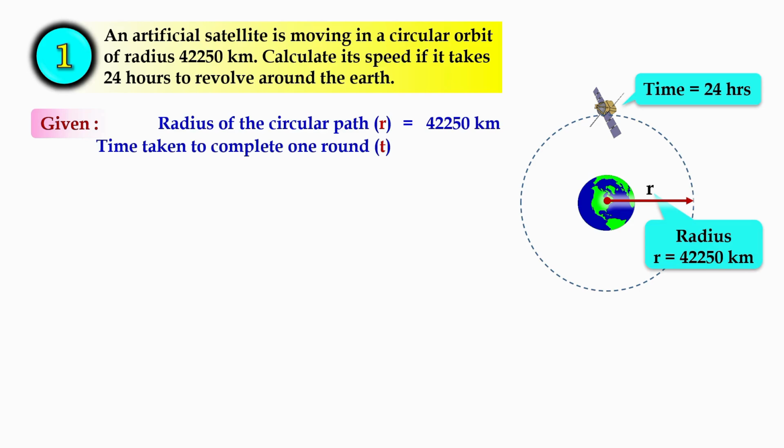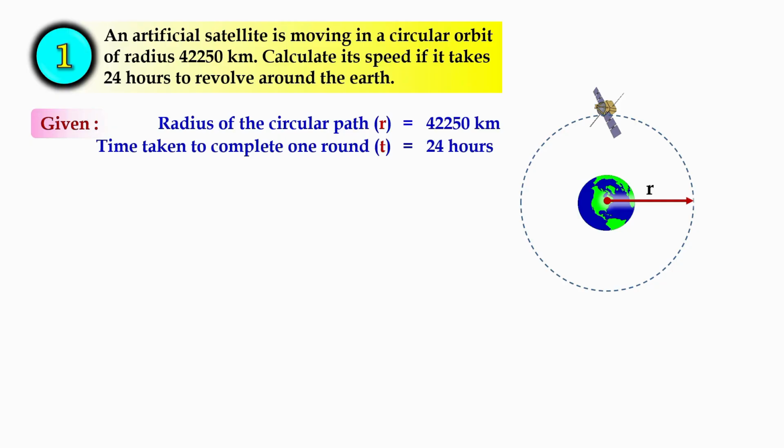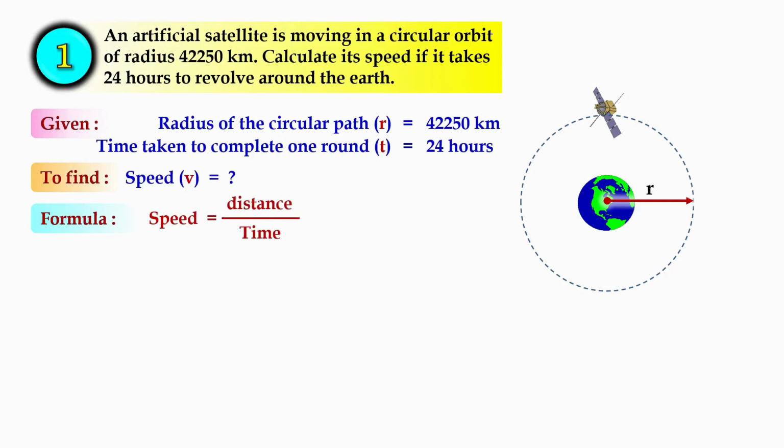To calculate the speed, we use the formula. Speed equals distance divided by time. Since the satellite is moving in a circular path, the distance covered in one revolution is the circumference of the circle. The circumference of a circle is 2 multiplied by pi multiplied by the radius.